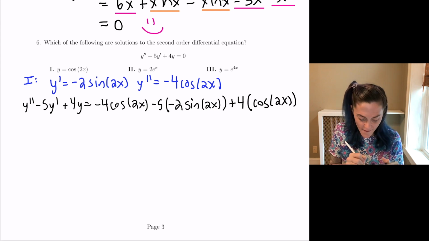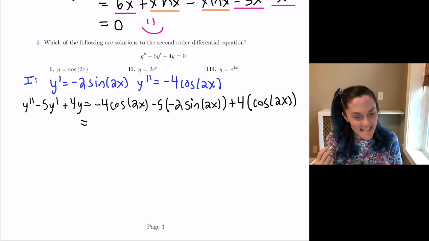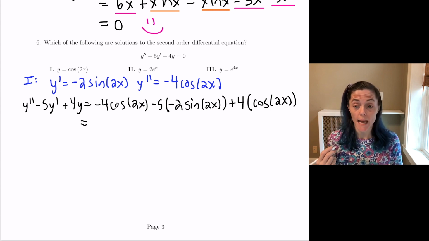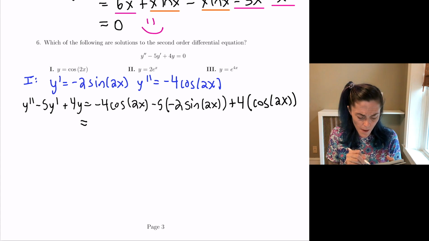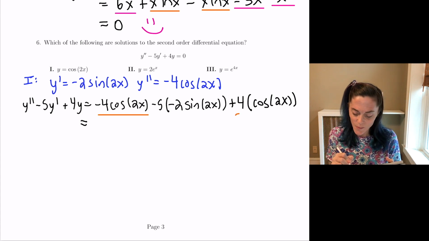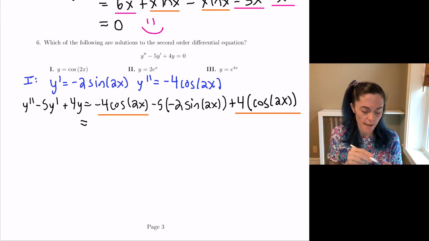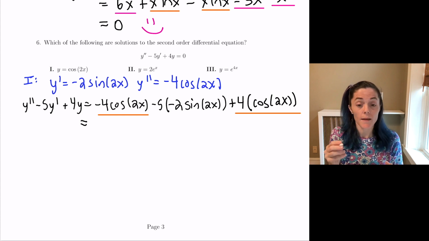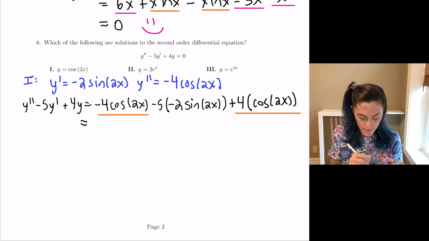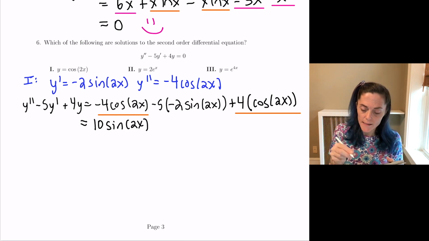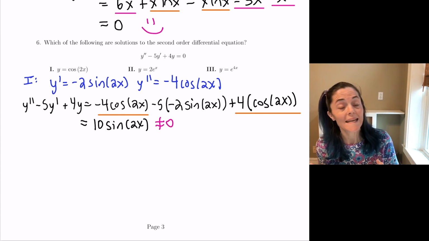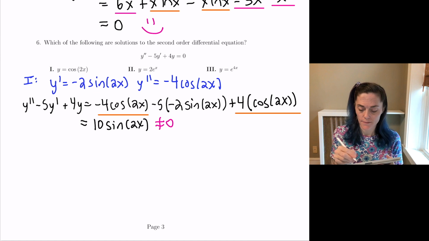Okay, what do we have? Similar to the example above, I will underline the terms that add to 0. So here I have -4 cosine 2x plus 4 cosine 2x. I'm left with 10 sine 2x. Now this is not identically 0. So 1 is not a solution.